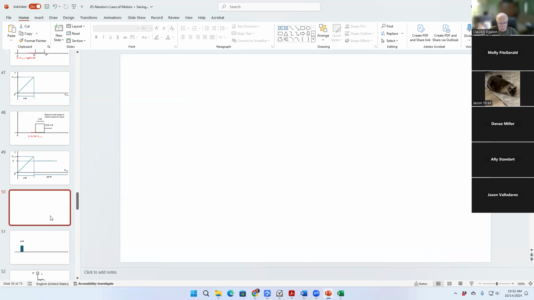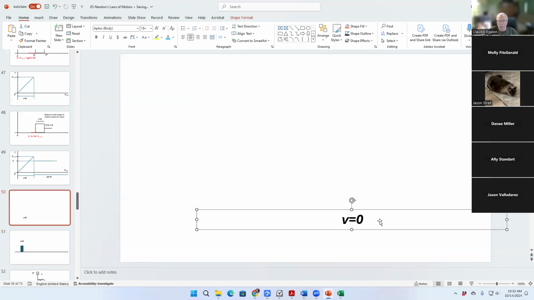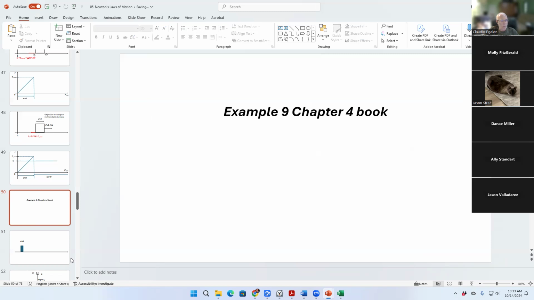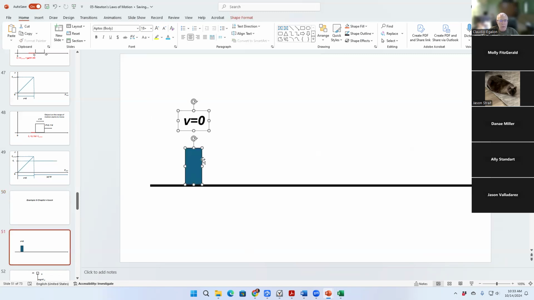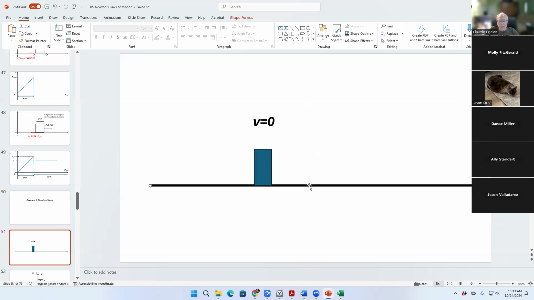Example 9, chapter 4 book. This here is being subjected to a force.